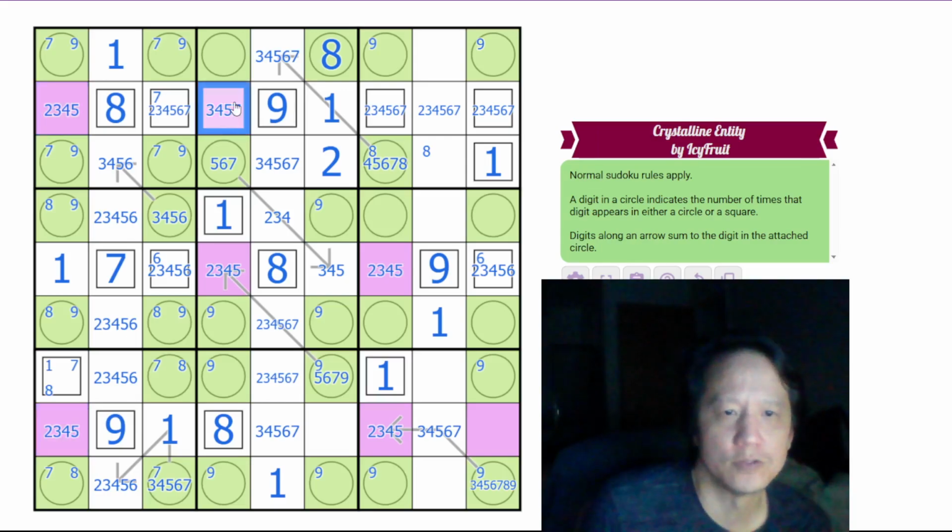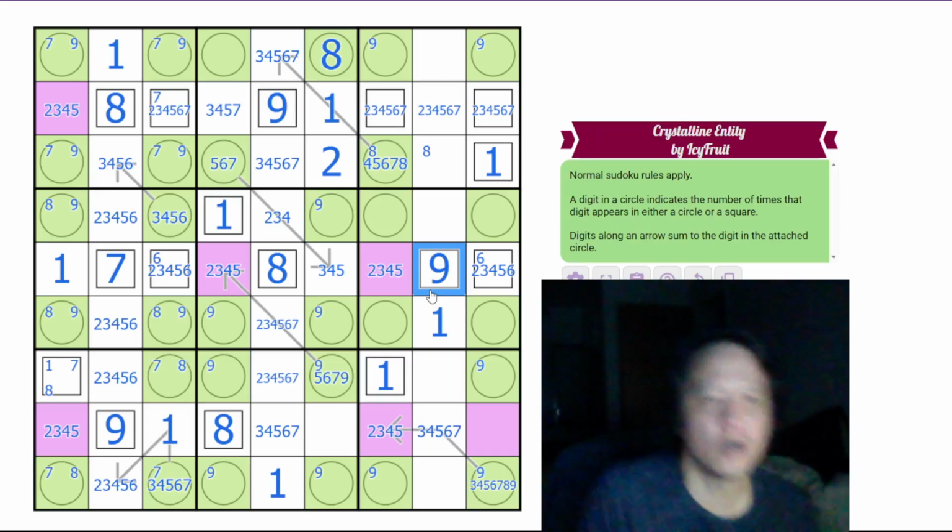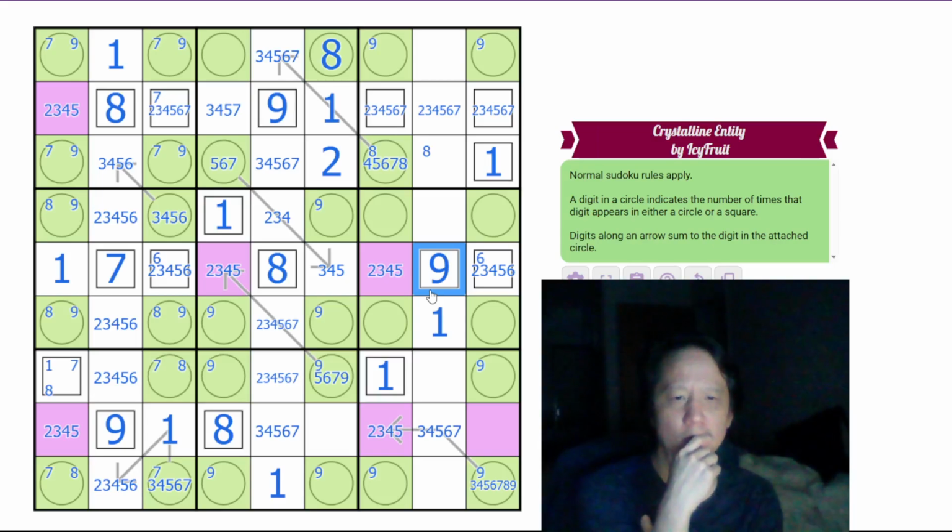This can't be 2. Okay, so this cannot be pink. Oh. Huh.